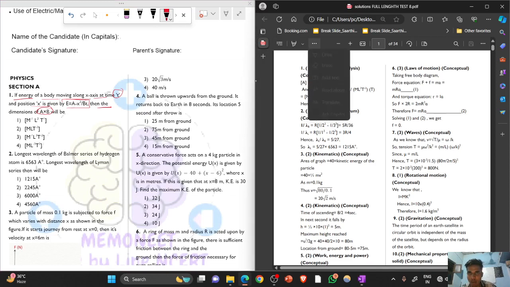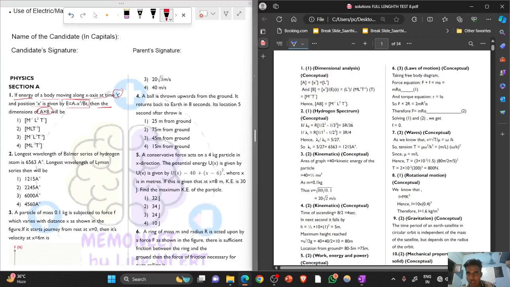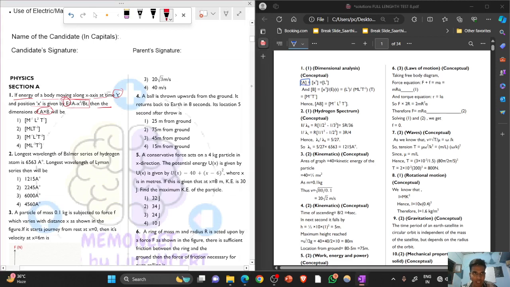Now, moving to the solution of it, you know that on the left side you have energy basically, and if two quantities are subtracted, their dimensions should be the same. So the dimension of A is the dimension of x squared, which simply equals L squared, the dimension of length.